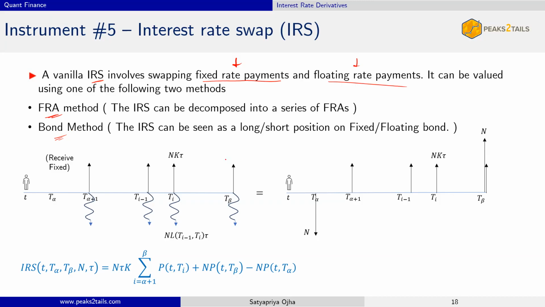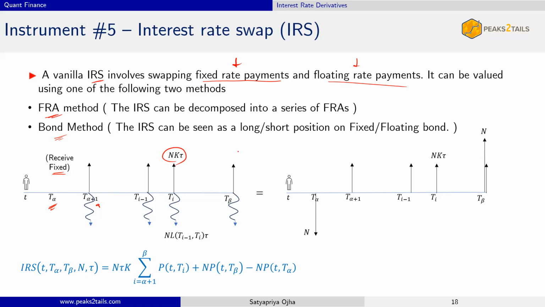So if you look at IRS, this is the receive fixed IRS. First reset date T alpha, next reset date T alpha plus 1, the same stuff goes on, right? So I am receiving fixed coupon payments N K tau, K is the fixed rate. Okay, receive fixed. Please remember, there is no exchange of notional at the end. It is only the coupon payments.